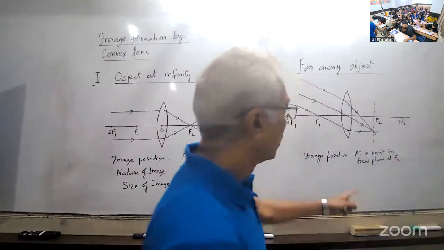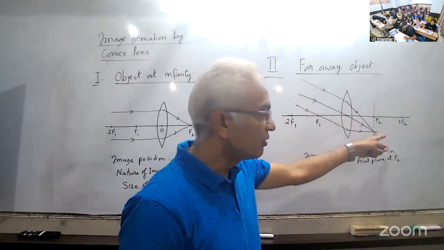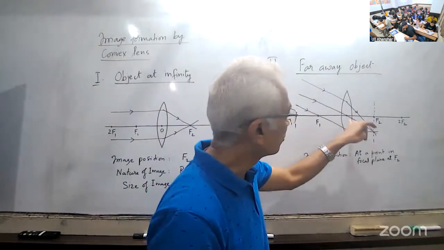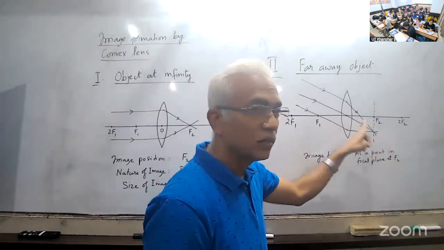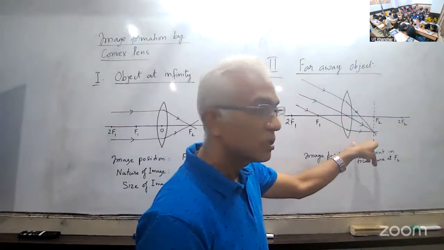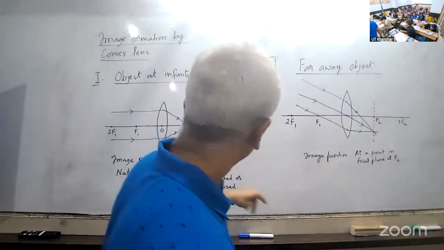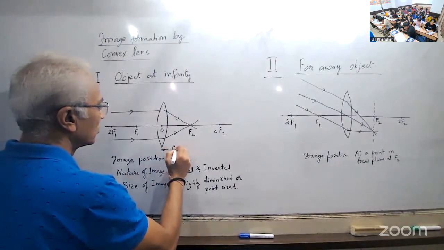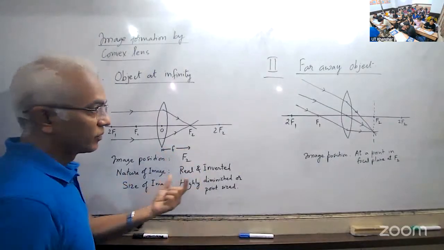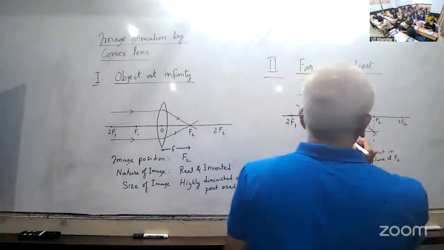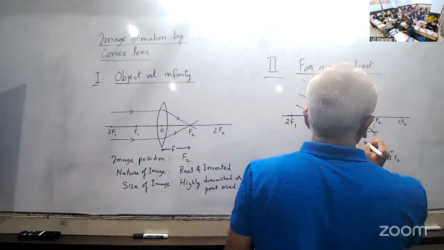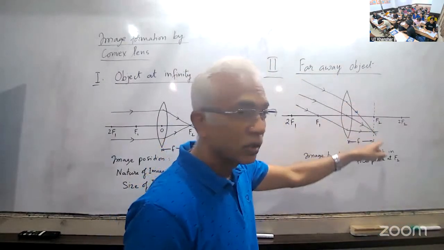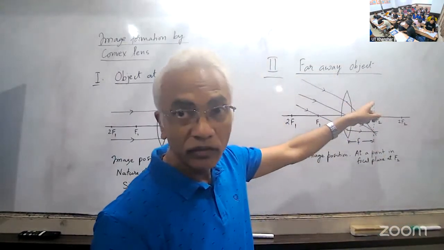So again, what is the image position? F2 only, because you have to measure the distance from the optical center. Again, the distance will be the same. What is the distance? Focal length, F. Here also, what is the distance? F. So the distance remains the same. But the point is now on the focal plane, not at the focus. This is the only difference.